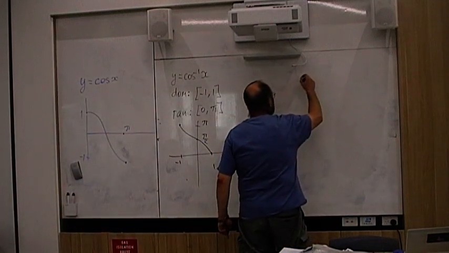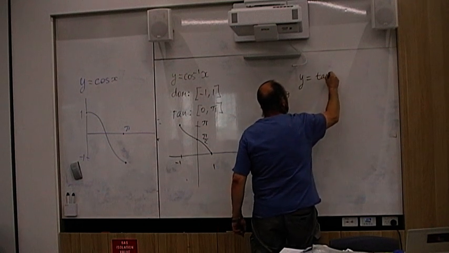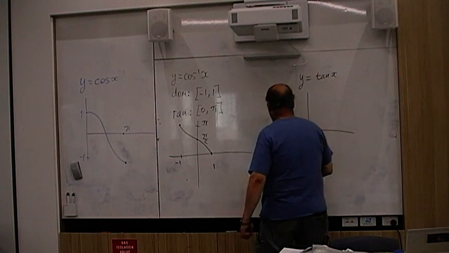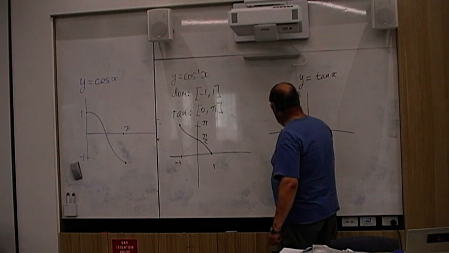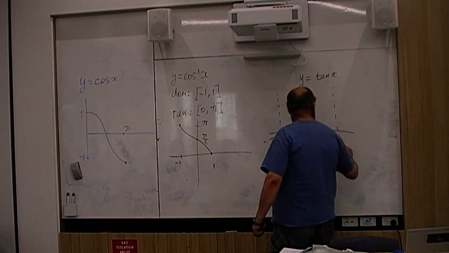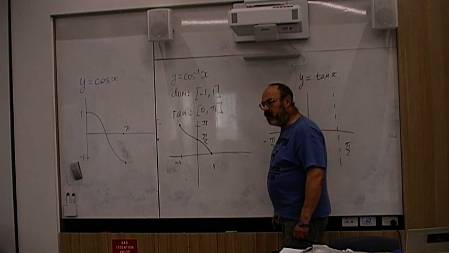Now, tan negative 1, so we start from y equals tan x. And tan is 1-to-1 already if you look from minus pi on 2 to pi on 2. How do you know where to put the asymptotes on a tan graph?